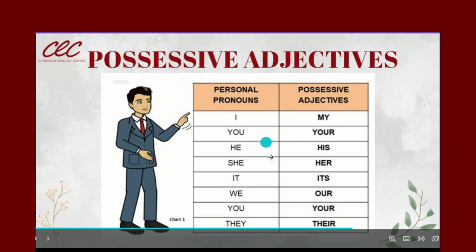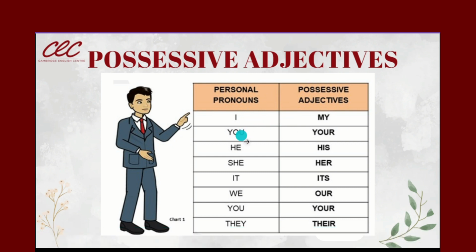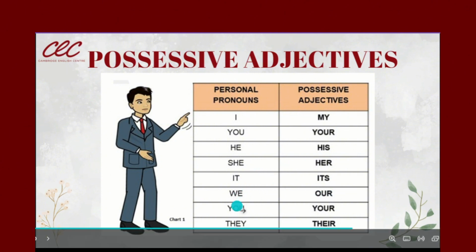So, as we can see here, como podemos ver aquí, cada personal pronoun o subject tiene su propia forma de utilizar el possessive. ¿Ok? I, my. You, your. He, his. She, her. It, its. We, our. You, your. They, their.